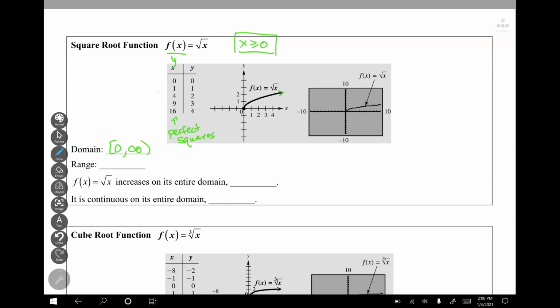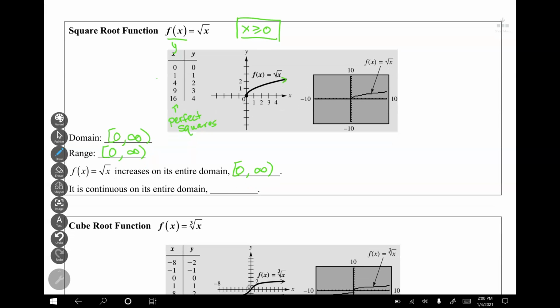The range going from bottom to top, the lowest point is 0, the y value is 0, and then it goes up forever because you've got that arrow. F of x equals the square root of x increases on its entire domain. You can see that slope is always going to be positive. So from 0 to infinity, we have an increasing function.